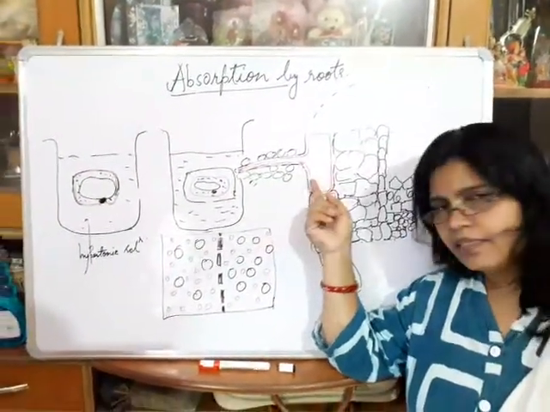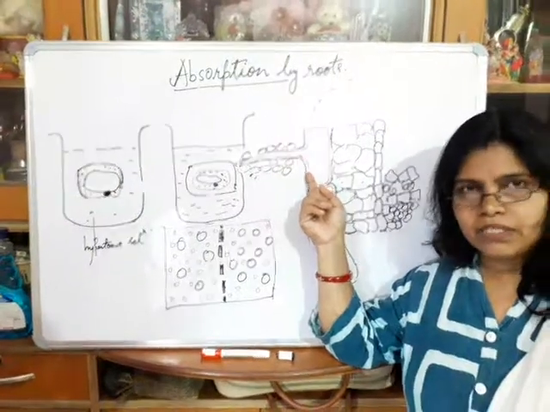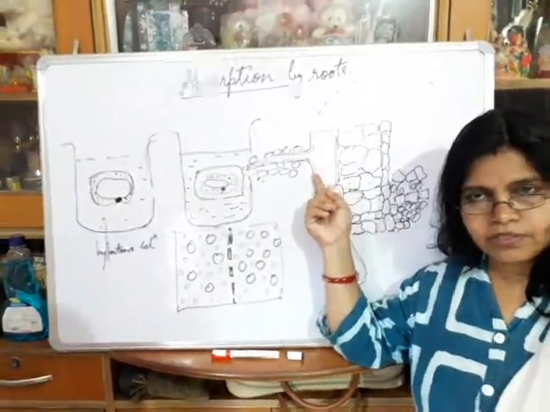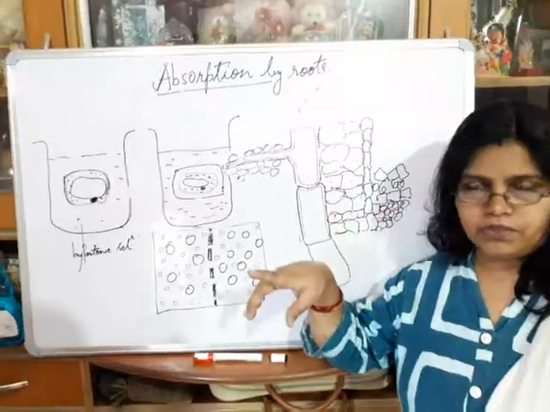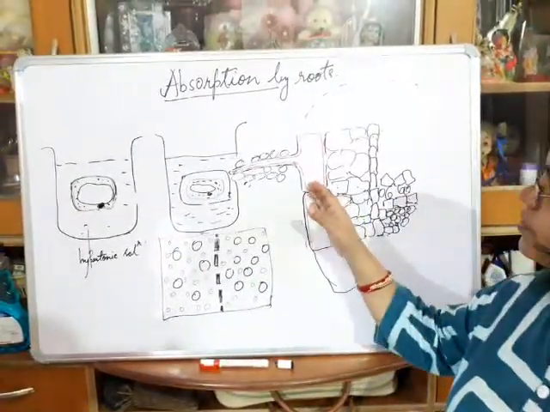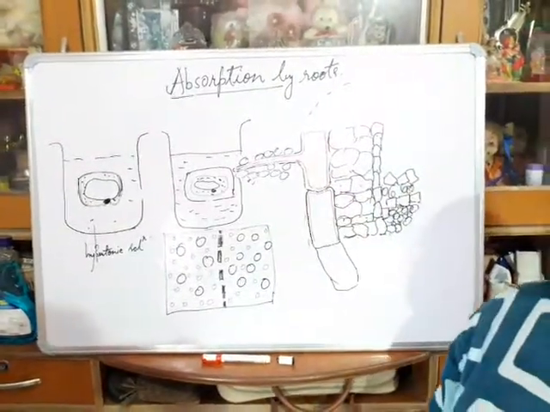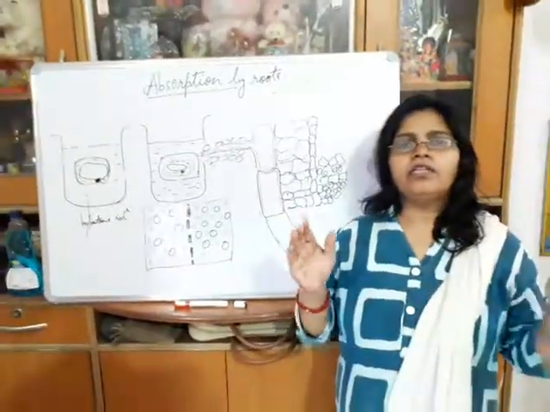Water entering into the cell and mixing with the cell sap is called endosmosis. Due to exosmosis, what will happen? The cell protoplasm will shrink.